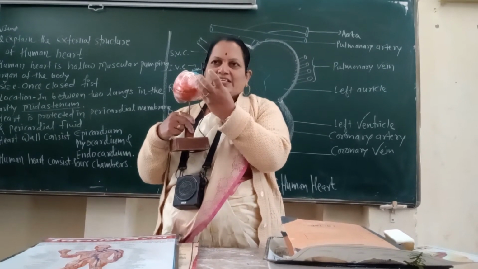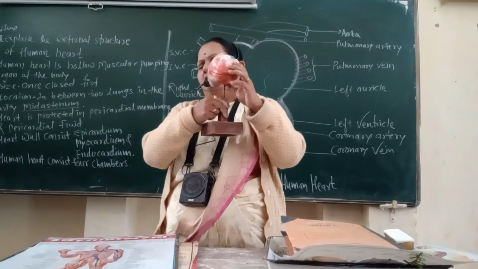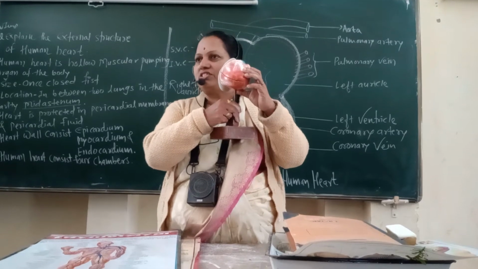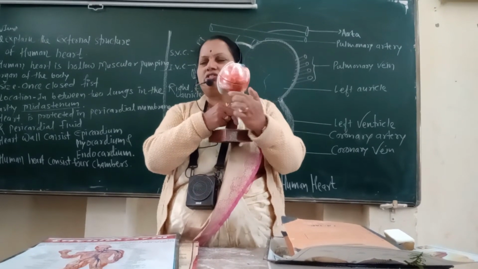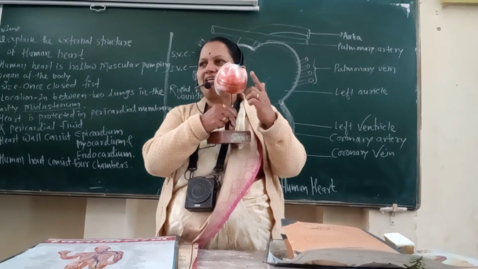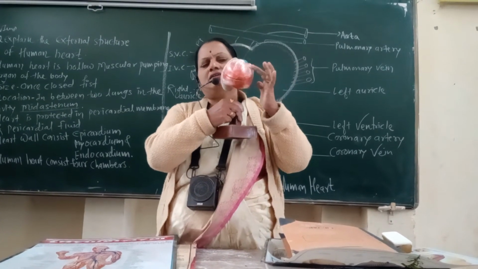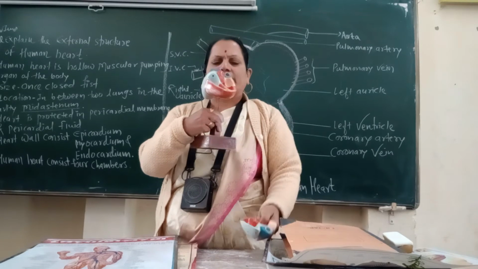Okay, blockages are removed. The human heart is richly supplied with oxygenated blood because the most efficient cells are present inside the human heart. There are 3 layers in the heart wall.